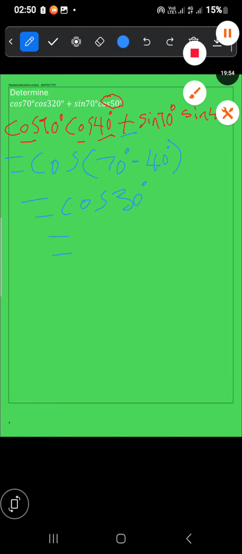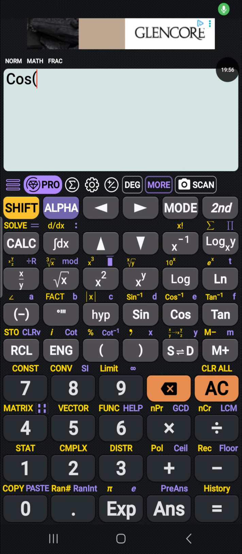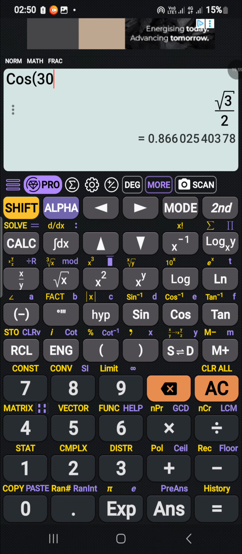So therefore we say cos of 70 minus 40, that is cos 30 degrees. In the calculator, cos 30 degrees is root 3 over 2. So this is the same as root 3 over 2.